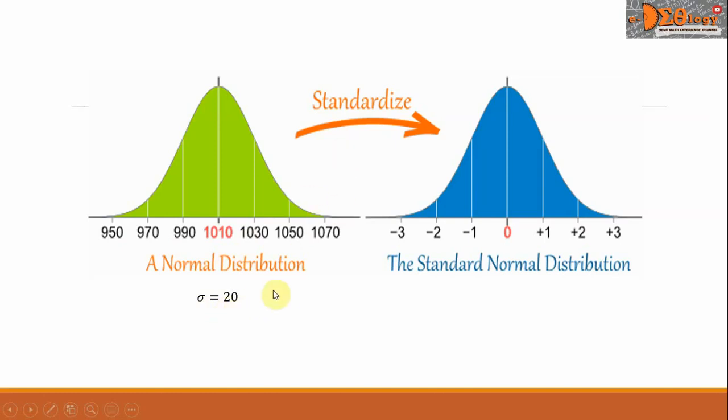We can transform this normal distribution into standardized normal distribution. The mean will be equal to 0, and all these numbers will correspond to z value 1, 2, 3 respectively. And on the left side, -1, -2, and -3.